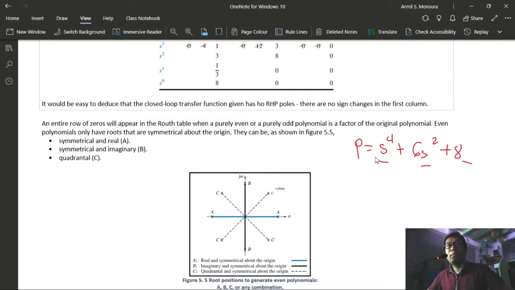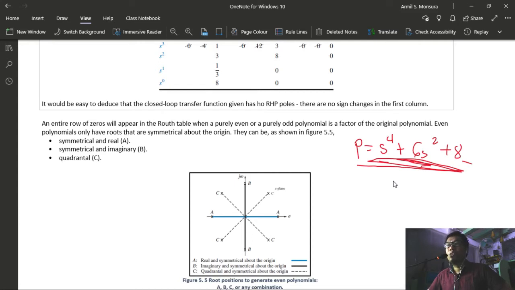Okay. So, kapag ito yung isa sa mga factors ng original polynomial niyo, magkakaroon ng entire row of 0 sa kanyang route table. Okay. So, what would happen next is this. Itong even polynomial nyo ngayon, pag kinuha nyo yung poles niyan, since even nga siya, ang mangyayari dyan is yung mga poles niyan symmetrical.